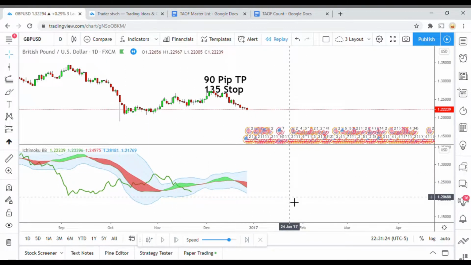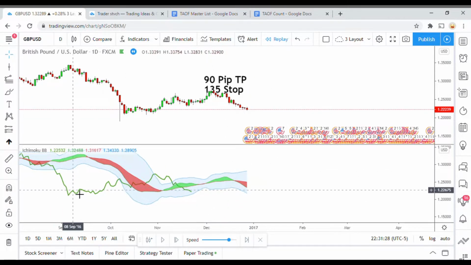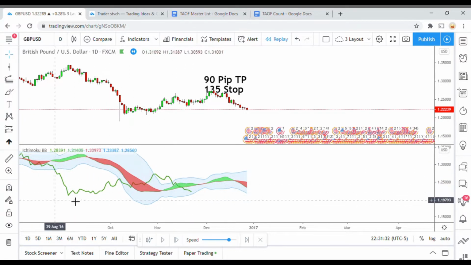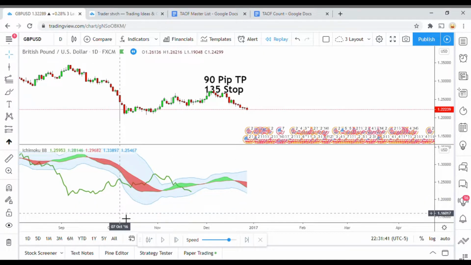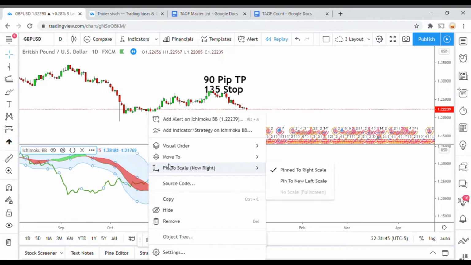And then the lagging span actually lags way far behind. Basically, it's kind of an oscillator of price action that is set. I'm not sure the exact amount, but quite a few periods backwards.